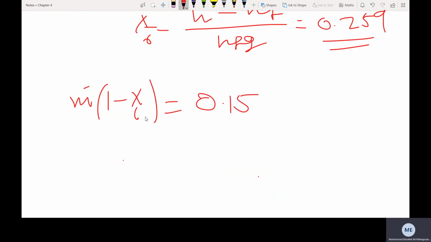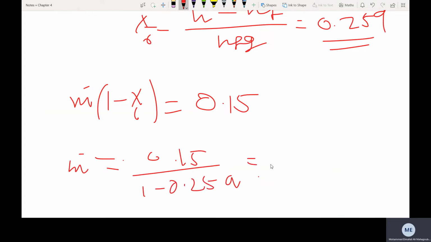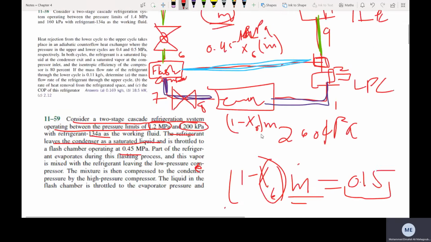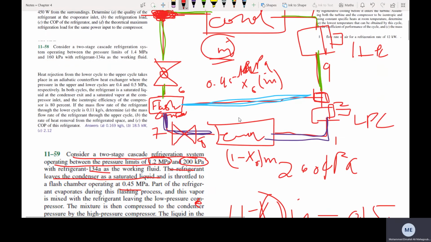So now I'm going to substitute my x, and the total mass flow rate is 0.15 over 1 minus 0.259. That's the only trick in the cycle, and if you write it down in your equation sheet, then it's done. This stream is x6 and this recirculation is (1 minus x6) times m dot. So 0.15 over 1 minus 0.259.